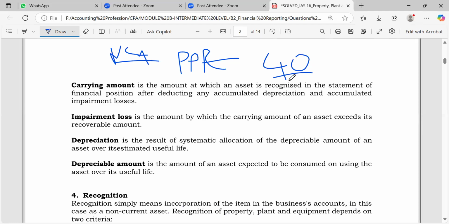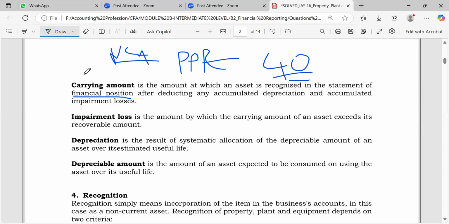Carrying amount is whatever is in the books. Sometimes people call it book value, net book value. People like to call it net book value, but for financial reporting purposes, actually, this carrying amount is the common term. That's to say, it's an amount at which an asset is recognized in the statement of financial position after deducting any accumulated depreciation and accumulated impairment losses.